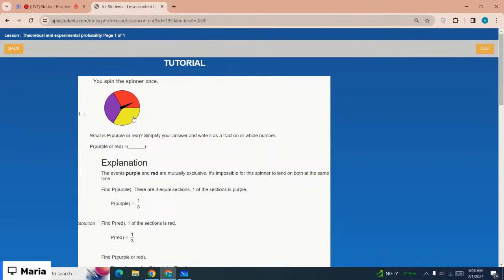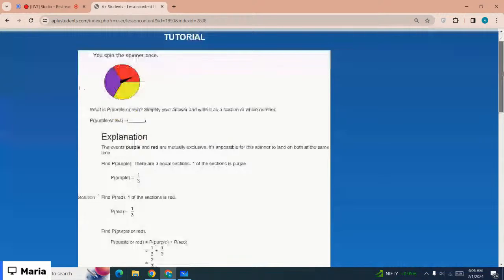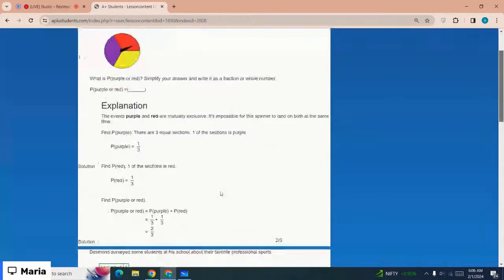Probability of red is 1 over 3. Then the probability of purple is you have just one portion purple out of 3, that is also 1 over 3, right? Then you have to calculate the probability of red or purple, right? That means you need to add 1 by 3 plus 1 by 3, so that equals 2 over 3. Got it?